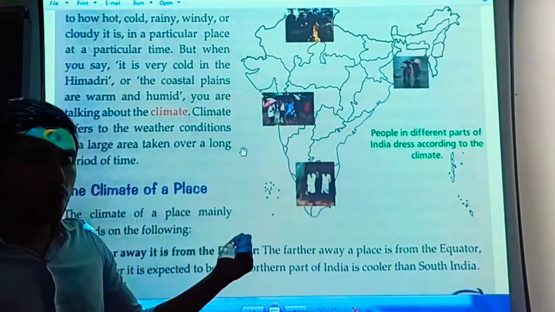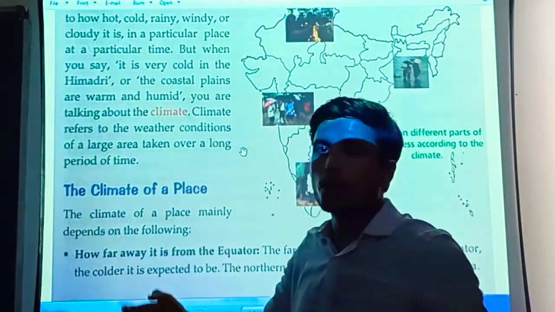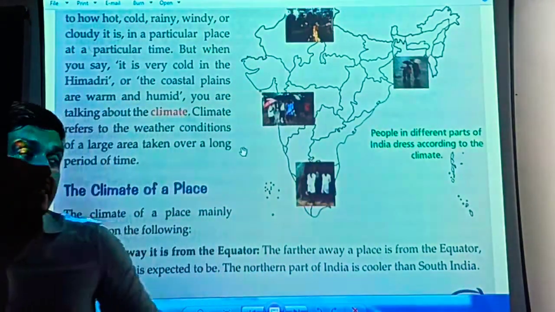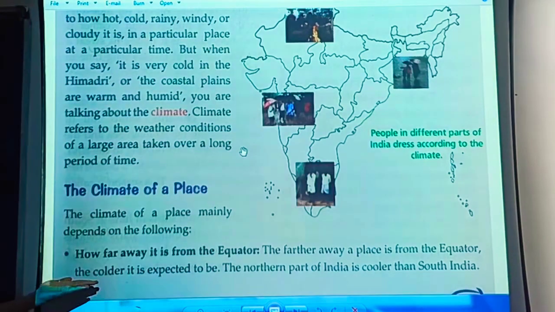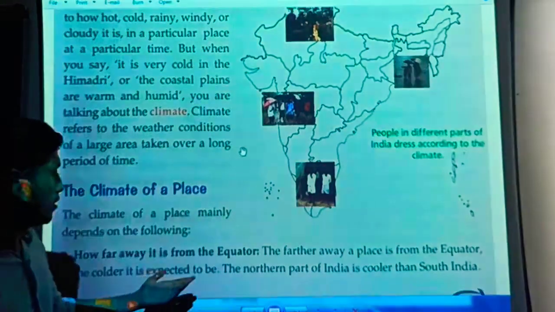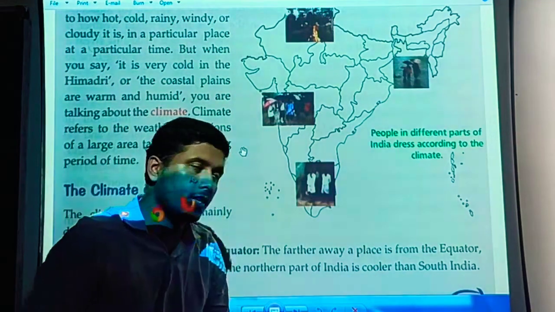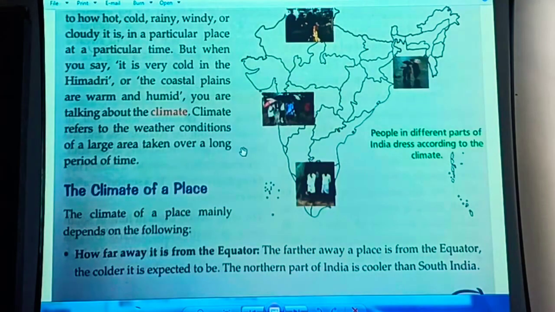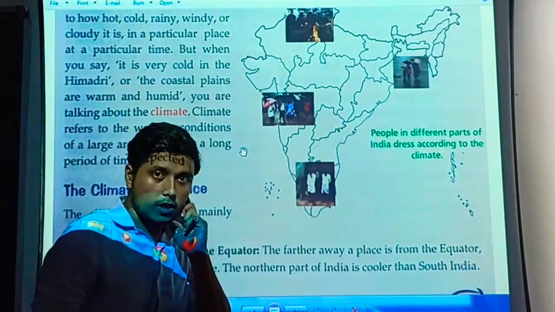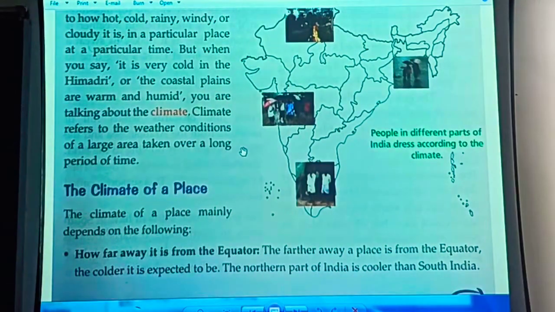When you move farther away from the equator, you will see that the temperature is decreasing; as long as you keep increasing the distance, the place is getting colder. The northern part of India is cooler than South India. Why is it so? Because this part is away from the equator. That's why it is cooler than South India.